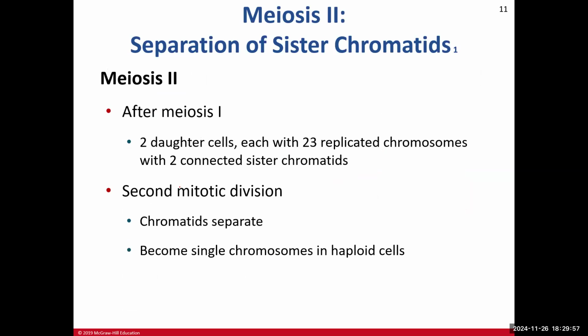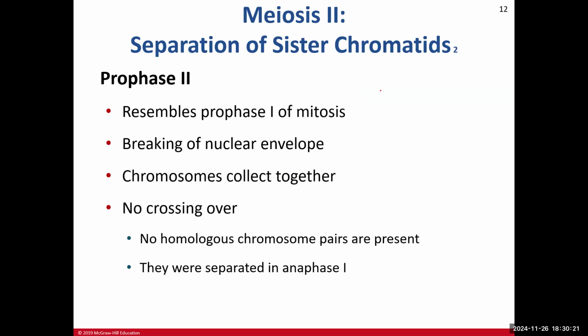We start off with those 2 daughter cells that have those 2 sister chromatids. And like I said, we're going to separate those 2 sister chromatids. So you'll have one chromatid in one cell and the other chromatid in the other. All right, so I'll go through it with you. All right, here we go.